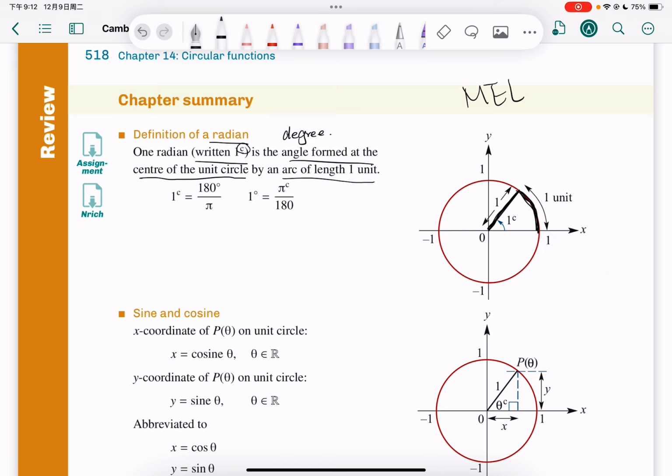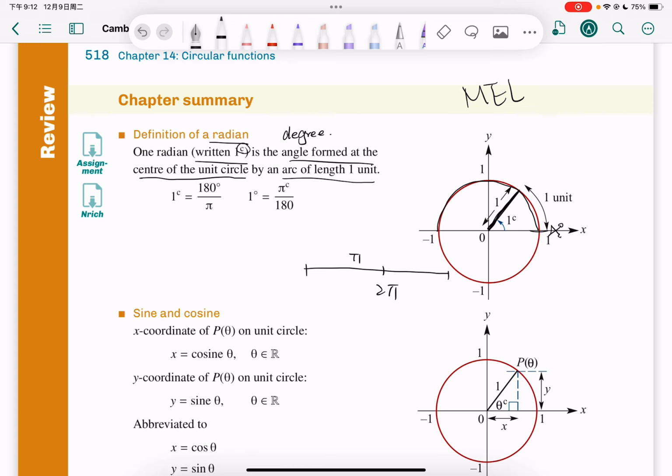If you cut the circle in half, for example, we cut over here, then the length of the whole circle is 2 pi, and if we divide it by half, this curve over here should have a length of pi.